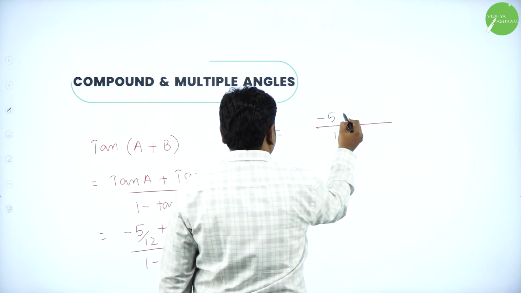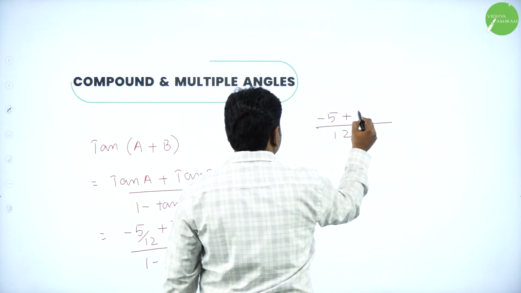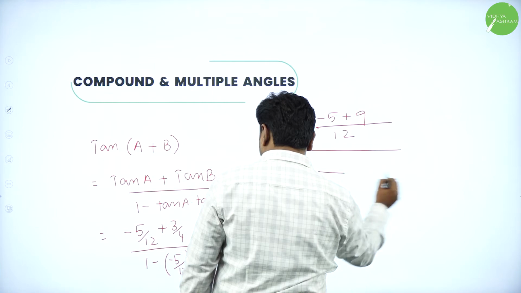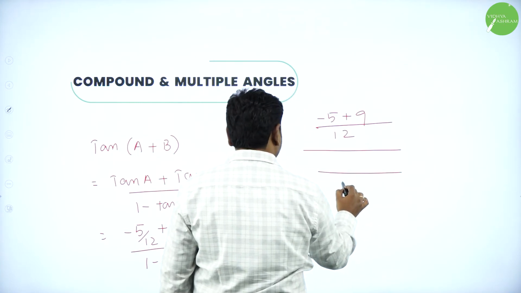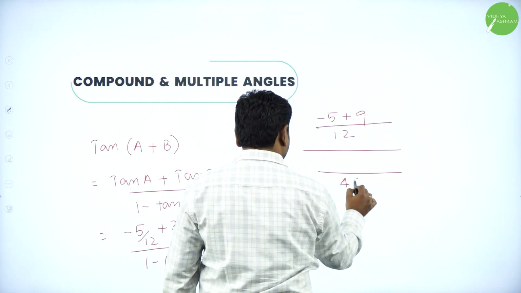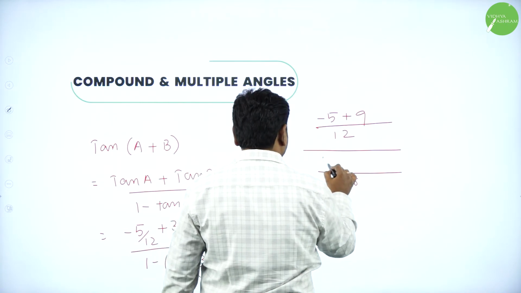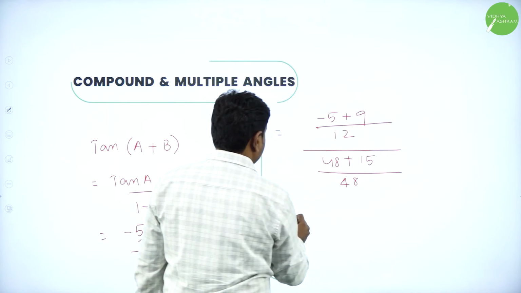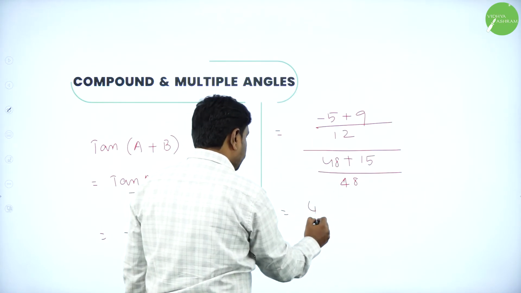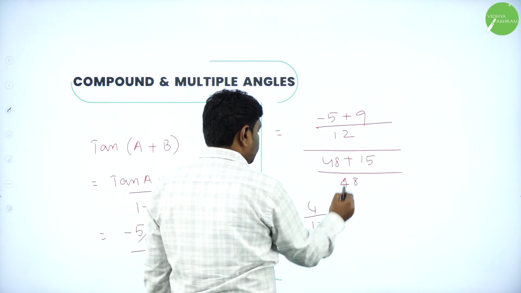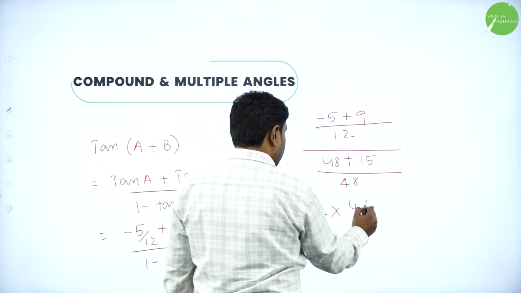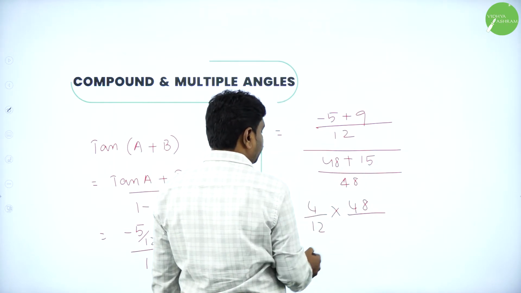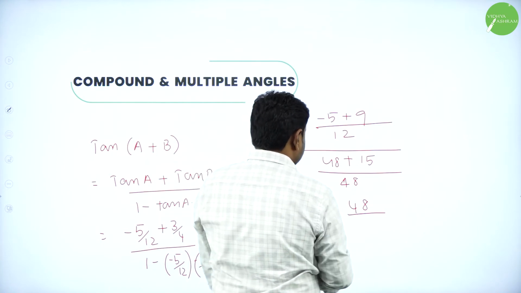So minus 5 plus 3 times 3 is 9, so minus 5 plus 9 is 4, divided by 12. In the denominator, we should multiply 12 into 4, which is 48; minus into minus is plus, 5 times 3 is 15. Now the numerator is 4 divided by 12, and reciprocate this. So this can be written as 48 divided by 48 plus 15, which is 58 plus 5.